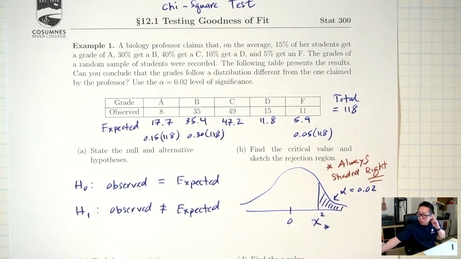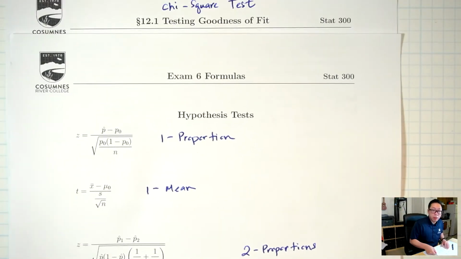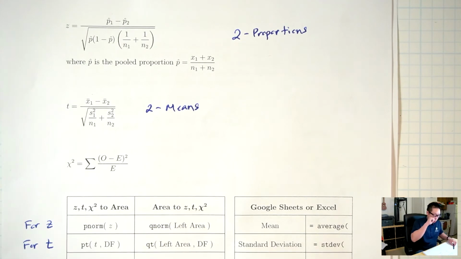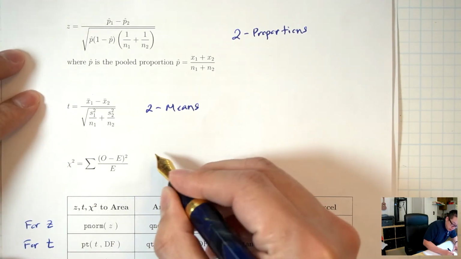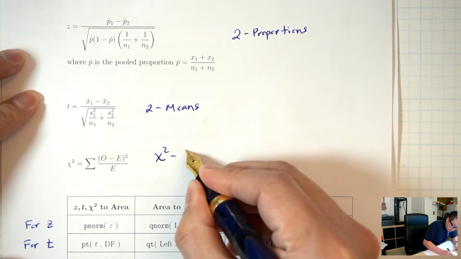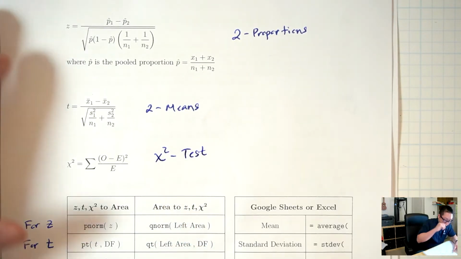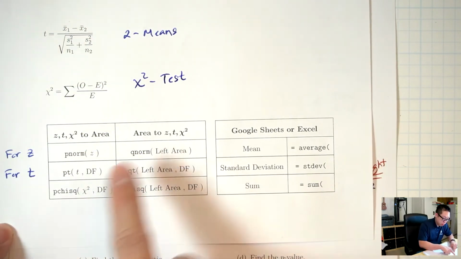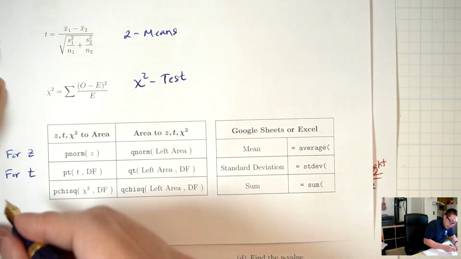So going back to our formulas, I can now talk about this last formula here. So this is going to be for the chi-square test. And for part B, we're actually going to go area to chi-square. For the chi-square situation it is this last row.